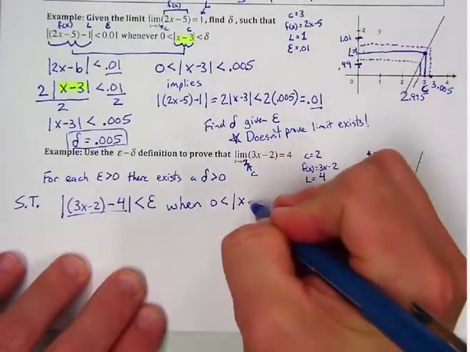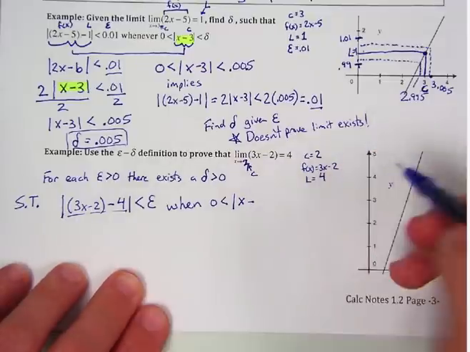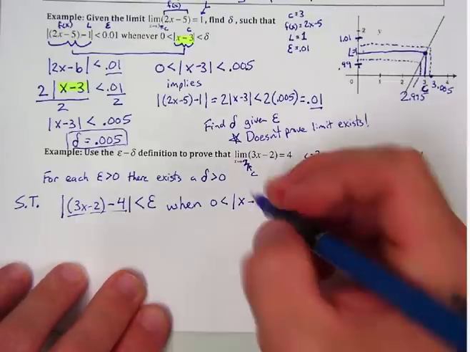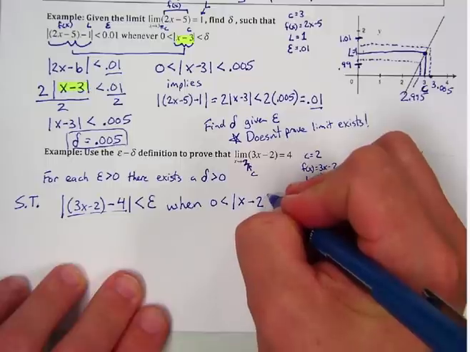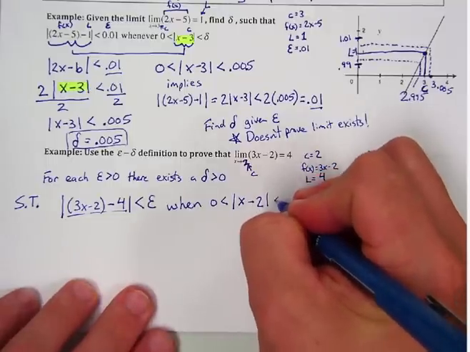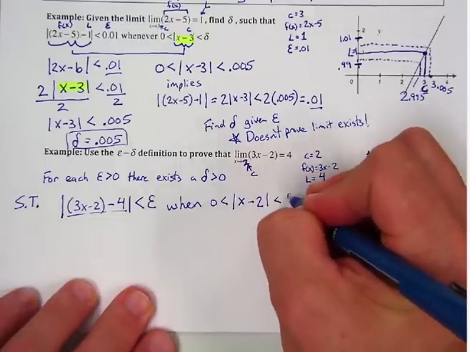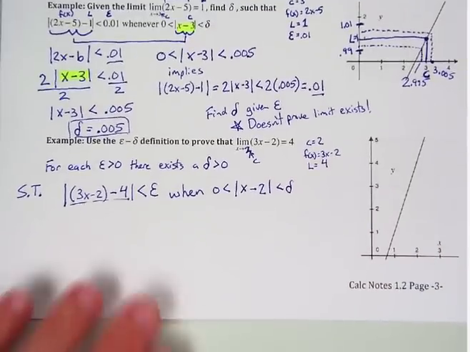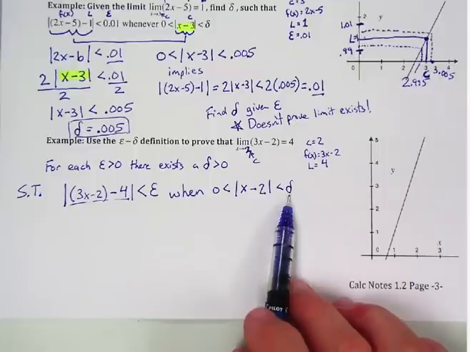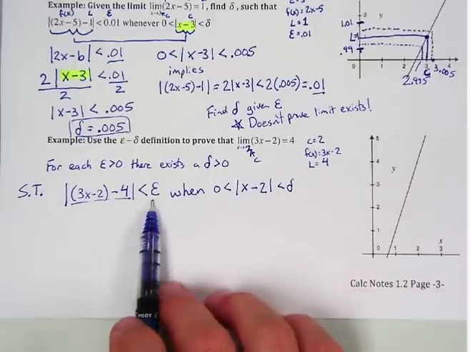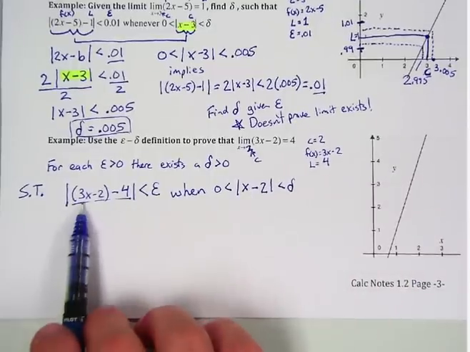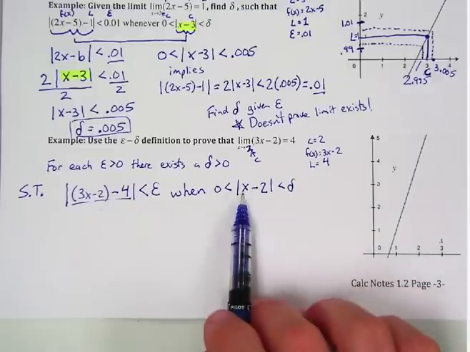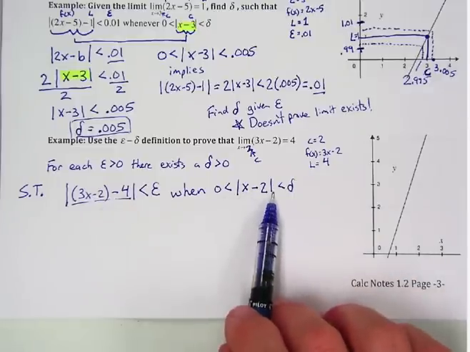So we have x minus c, and c in this case is 2, is less than our delta. So what we're going to do now is figure out what delta is in terms of epsilon. So we're going to try to get this absolute value to look exactly like this absolute value right here.